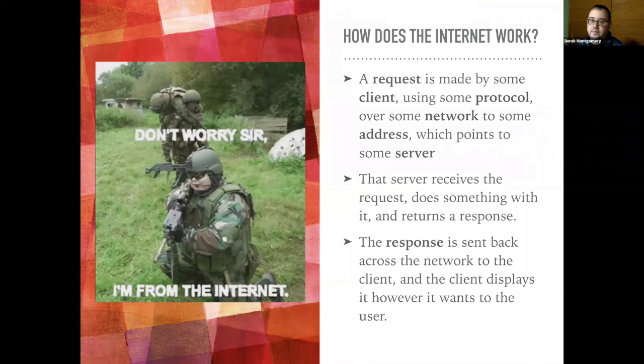So I go to facebook.com and click on the North Parkway Assembly of God webpage. I am making a request to Facebook's servers. They interpret that request, they say, oh, they want North Parkway, and they send a response back, which contains all the information for my browser to display stuff about North Parkway to me. And that's all it is.